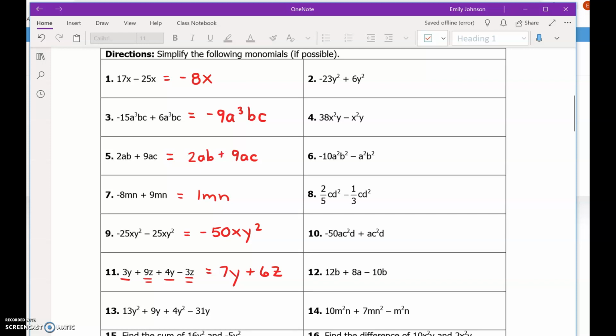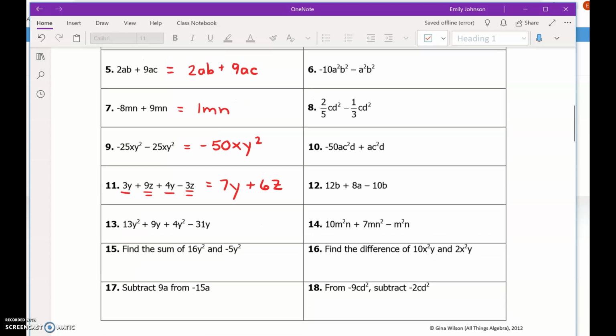You do need to keep a symbol in between if there are two terms. In number 13, you can combine your 13y squared with the +4y squared. That would equal 17y squared. And then you can add your plain y's together. 9y minus 31y is -22y.